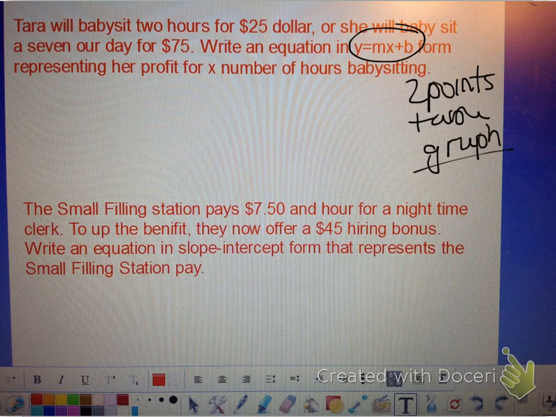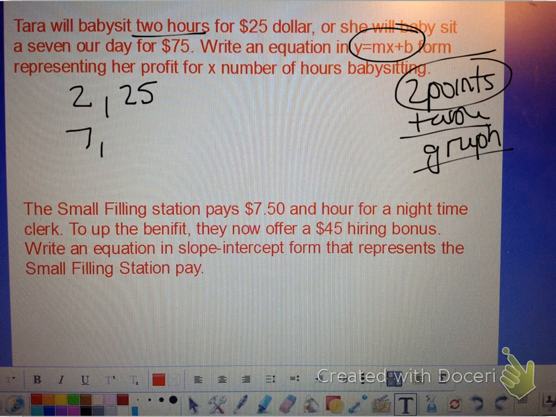Well, I don't see a graph or a table, so I'm going to look to see if there's 2 points here. So let's say X is the number of hours. So 2 hours would be X, and then her profit would be $25. Okay? Or she'll maybe sit a 7-hour day for $75.